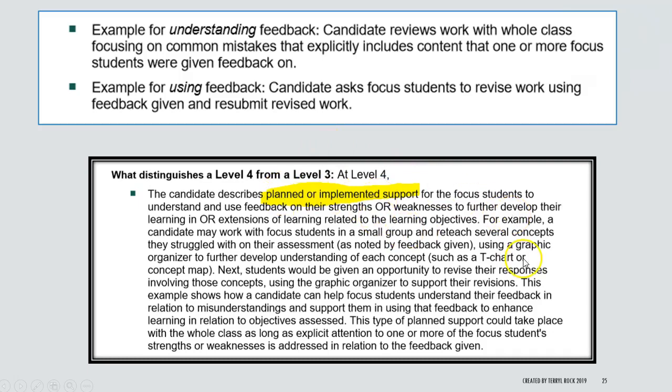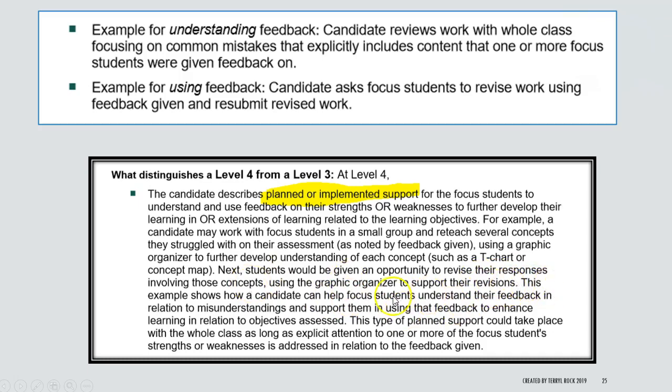So, for example, a candidate may work with focus students in a small group, that's support, and reteach several concepts they struggle with on their assessment, using a graphic organizer to further develop understanding of each concept, such as a T-chart or concept map. Next, students would be given an opportunity to revise their responses involving those concepts, using the graphic organizer to support their revisions.